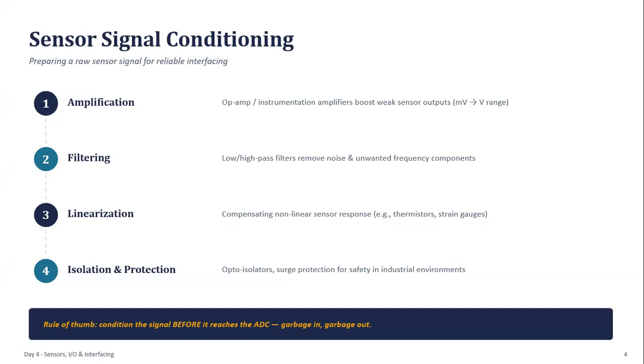Next one is linearization. It compensates for non-linear sensor characteristics. Last one, isolation. It protects both equipment and operators from electrical faults. So remember one thing, proper signal conditioning is the foundation of accurate measurement of digital signals.